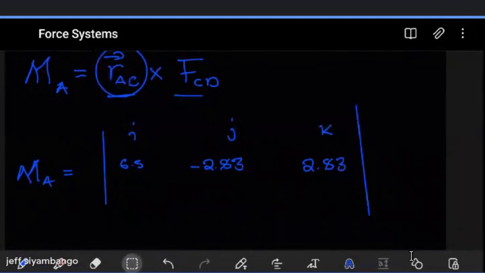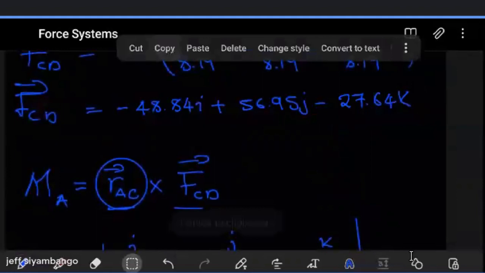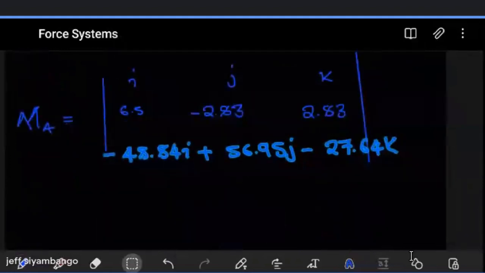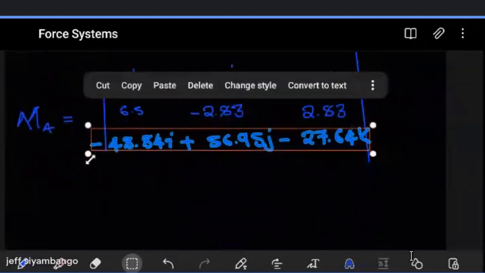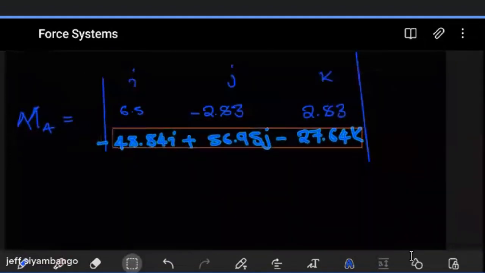Then the next part is to have the force. For the force, this is what we have. So let's bring it down here and take it to shape. And looks like now it can fit.